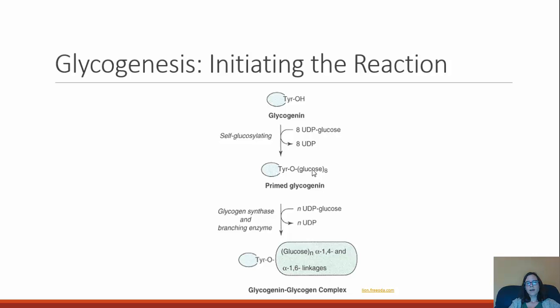And this primed glycogenin serves as a substrate for glycogen synthase to add on molecules in the alpha-1,4 bonds, so the linear and also the branching enzyme, which we're going to talk about, to make the branches. And therefore, what we end up with is a glycogen complex.